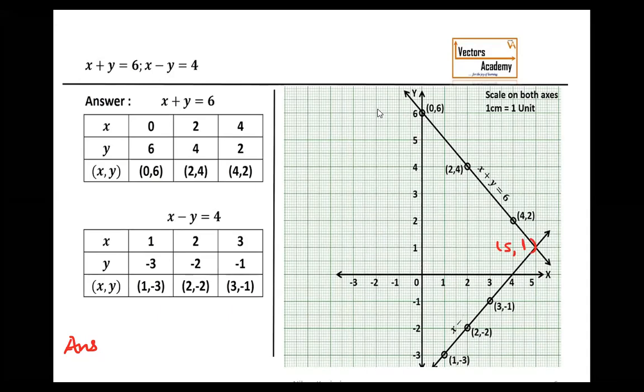But if you are not sure whether this is right or wrong, or your figure is not clear, then first of all find x and y by any method on rough paper, and directly put this value in the graph and tell them this is your common point. This is your answer.